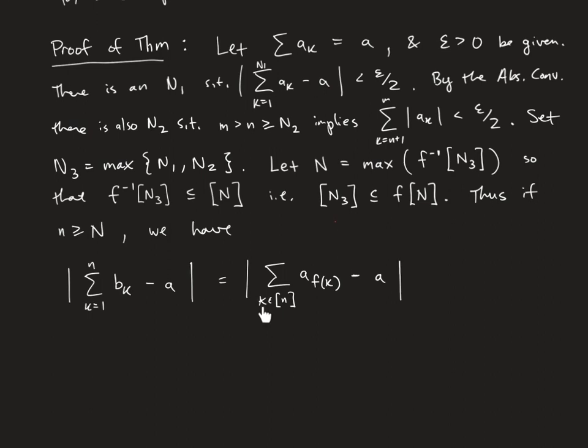And if the k's are in the first n natural numbers, then the f of k's are in f of the first n natural numbers, right? So this is the sum, so we're summing all of the a's, so let's say a sub m, where m is in f of the first n natural numbers in that set.